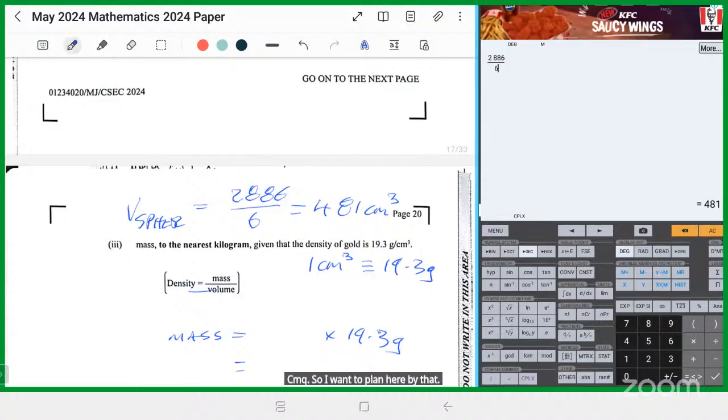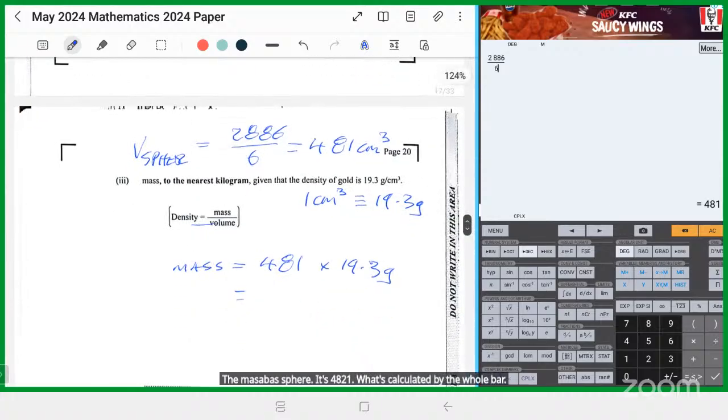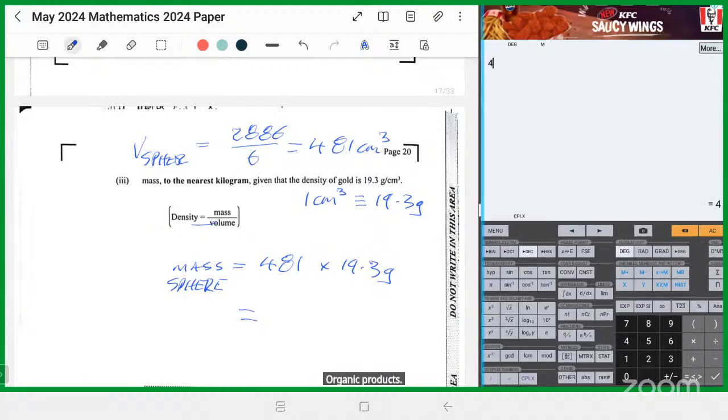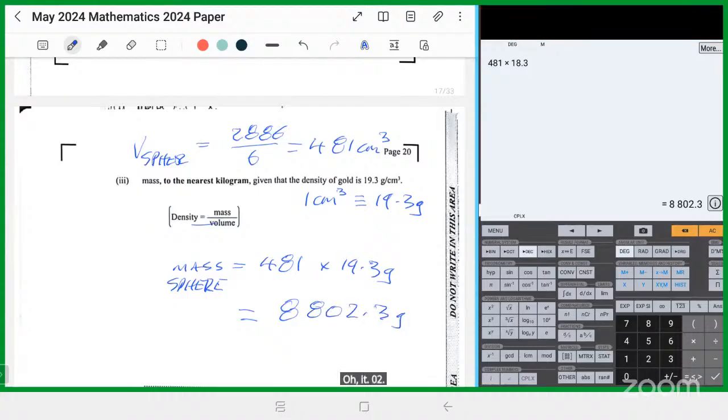The mass of a sphere is 481 times 19.3. I was calculating for the whole bar. So what do we get for that? 8802.3 grams.